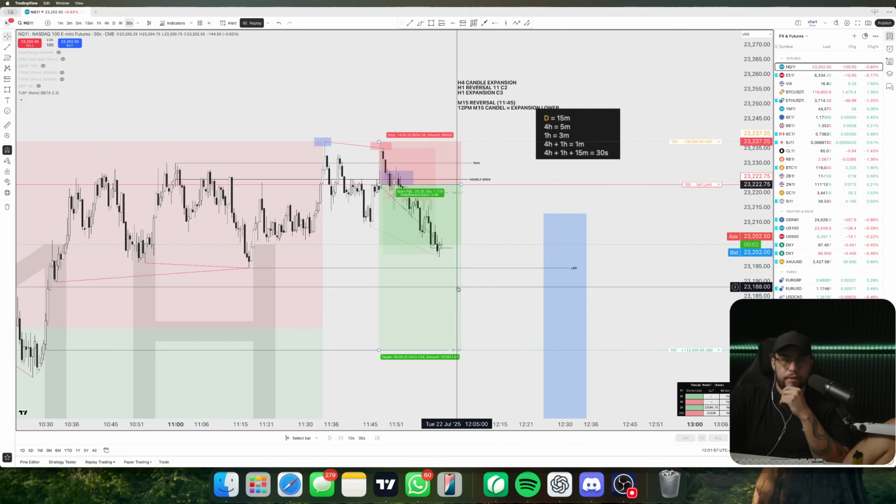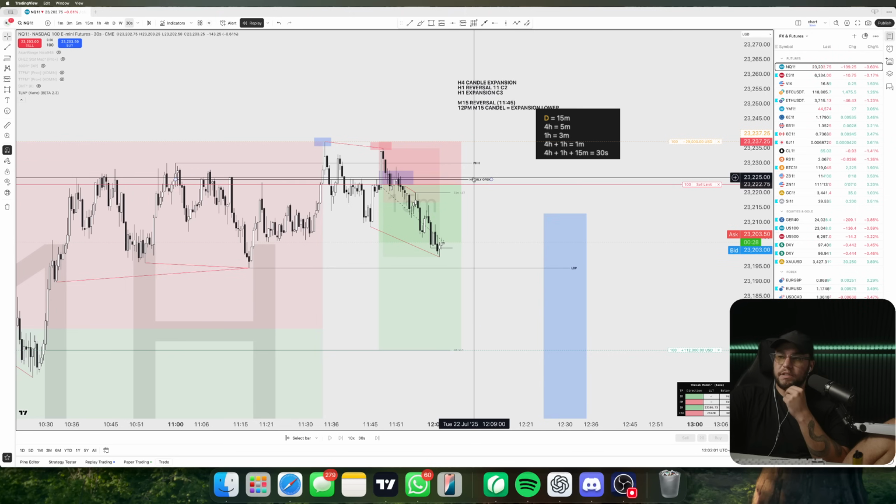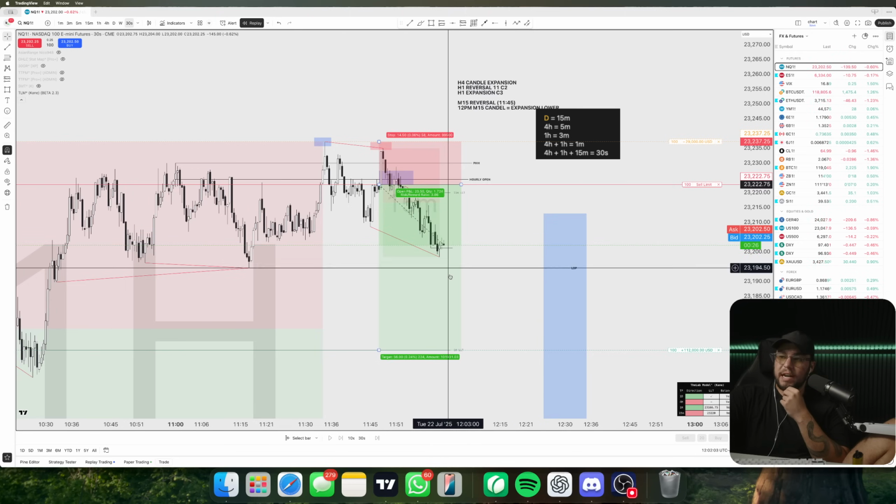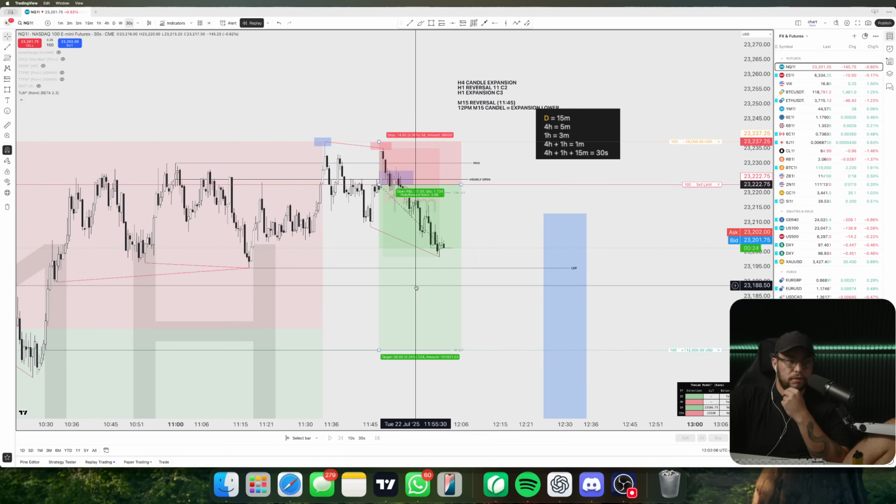From where though? We don't want to see it come back after taking the low. If it takes the hourly low and reverses, it's not good for us, is it?